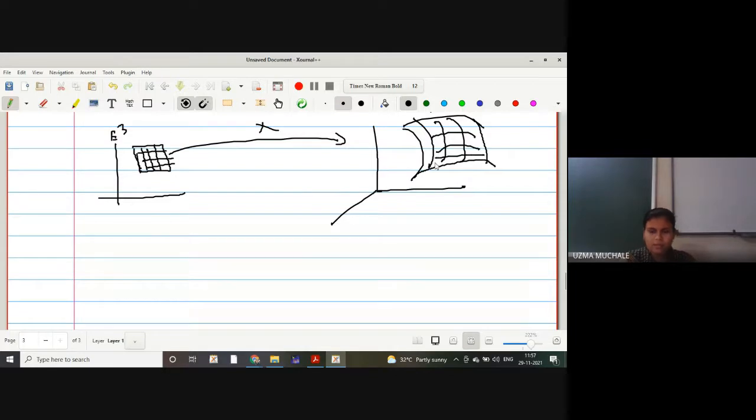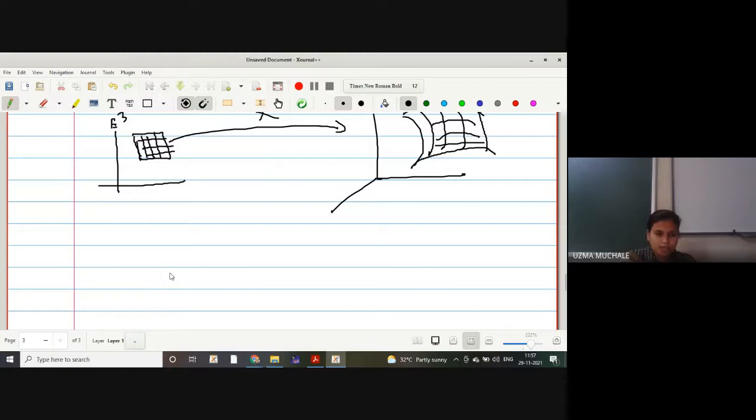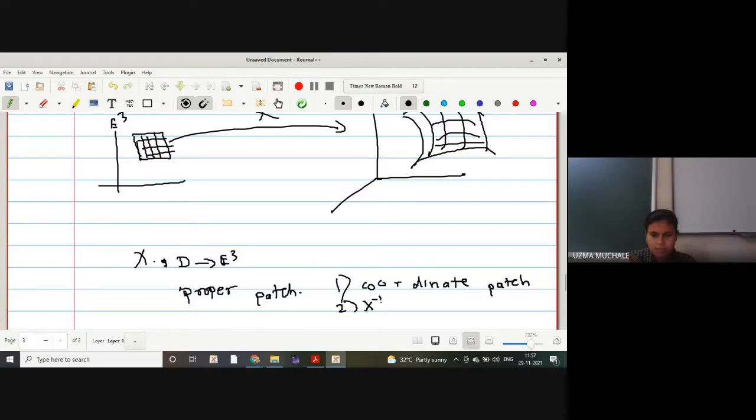Now if I want to find out whether mapping X is a proper patch, what is the condition for X to be a proper patch? X is a mapping from D to E3, and I want to say that this is a proper patch. What is the first condition? First it should be a coordinate patch. And second condition, x inverse is continuous.